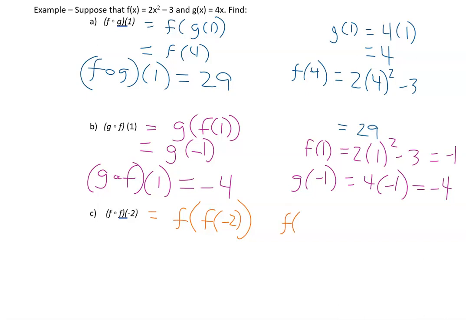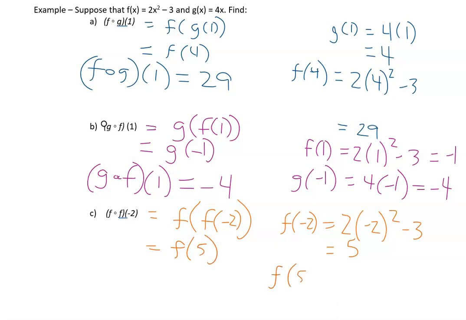So we're going to find f of negative 2. So that's 2 times negative 2 squared minus 3. Negative 2 squared would be a positive 4 times 2 would be 8. 8 minus 3 would be 5. So f of negative 2 is 5. So now we're trying to find f of 5.